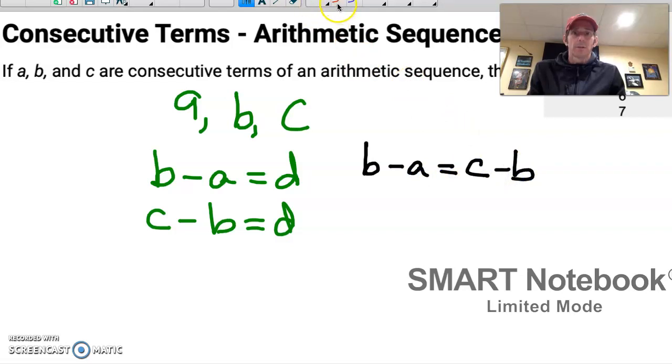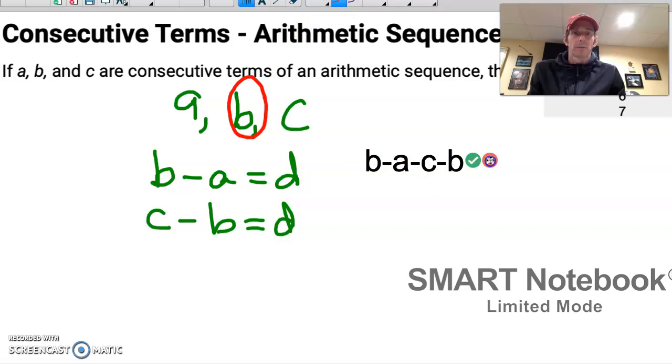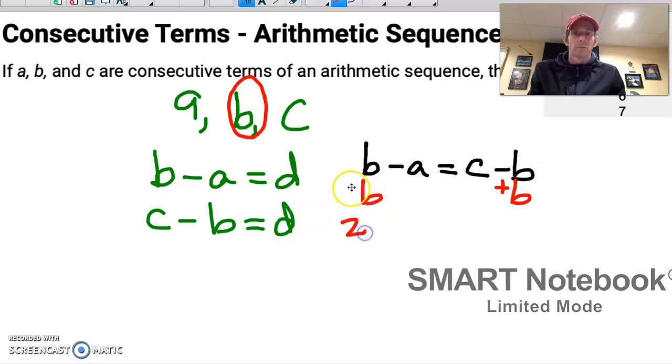And if I wanted to, because this middle term, and everybody knows that the middle is the best, I'm going to add this B over here. If I add B over here, I'm going to have 2B.